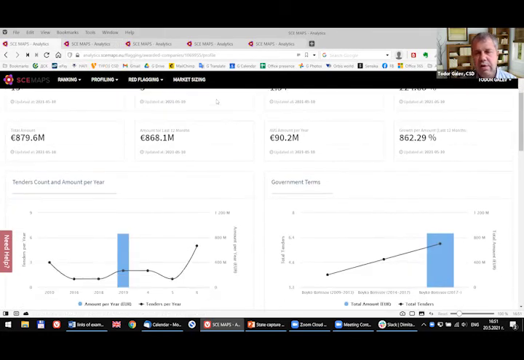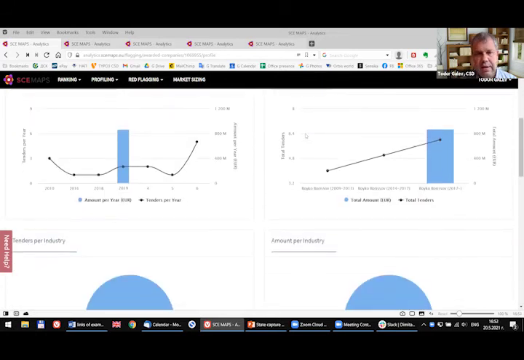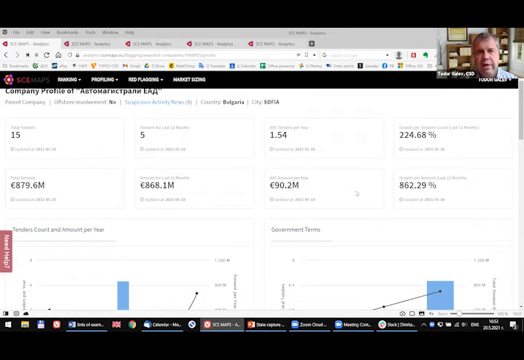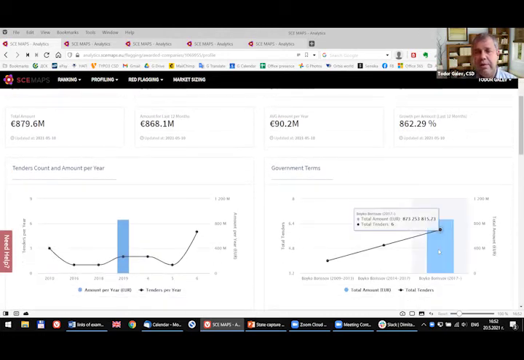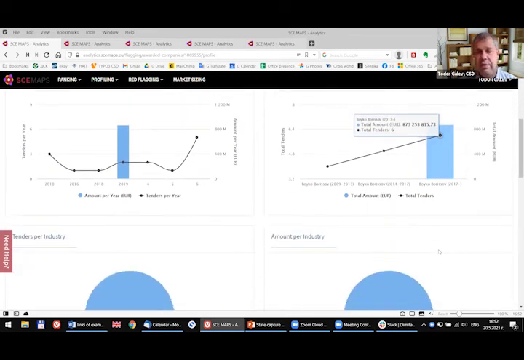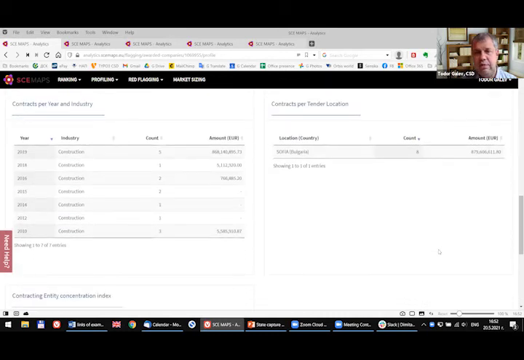And what does this mean? It means that, first of all, a state-owned public authority gives actually 100% of the funding for this state-owned company, and this happened only during the term of a single government.